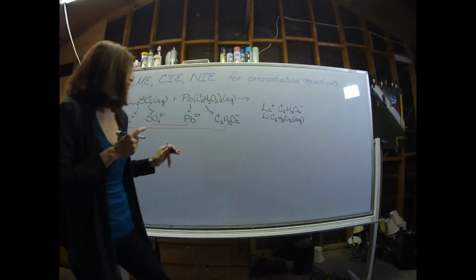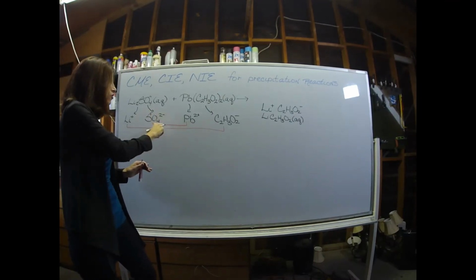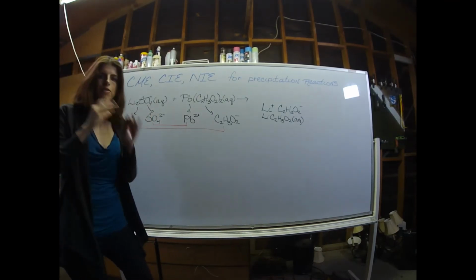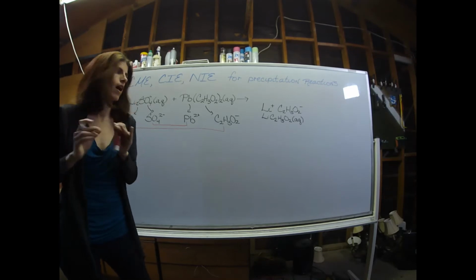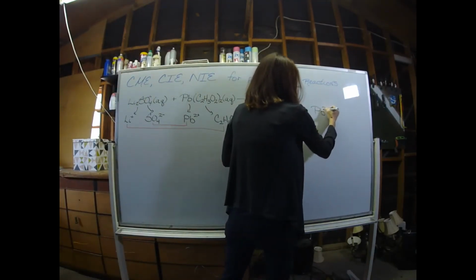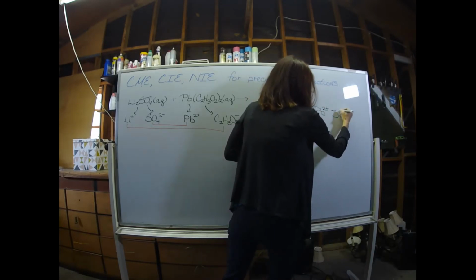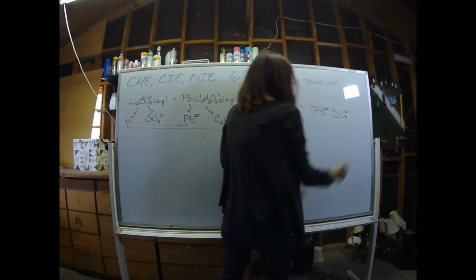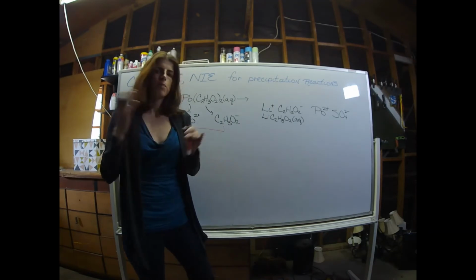And I'm going to do something similar for my other 2 ions. I'm going to start with lead though. Always start with the positive ion first. So I got Pb2+ with SO42-, and we got a +2 and a -2.